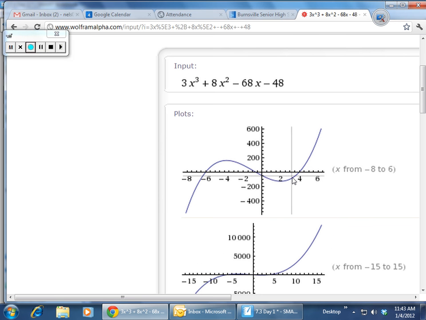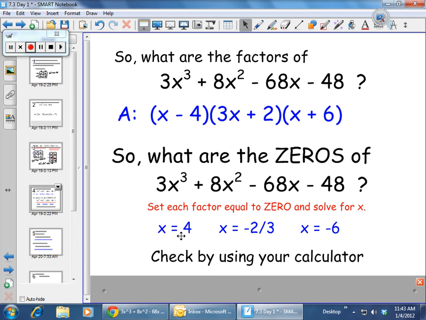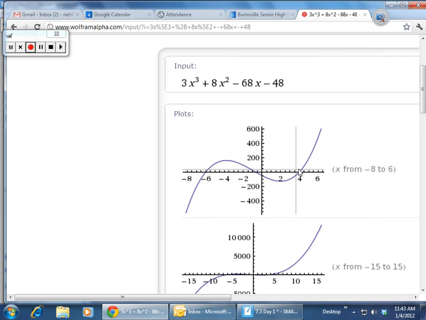I'm sorry, I said that wrong. Negative 6, 4, and negative 2/3. So we look at our graph, it crosses at 4, it crosses at negative 6, and then I believe this is negative 2 here. So this would be negative 1, so negative 2/3 is a little bit less than negative 1. So that looks right.